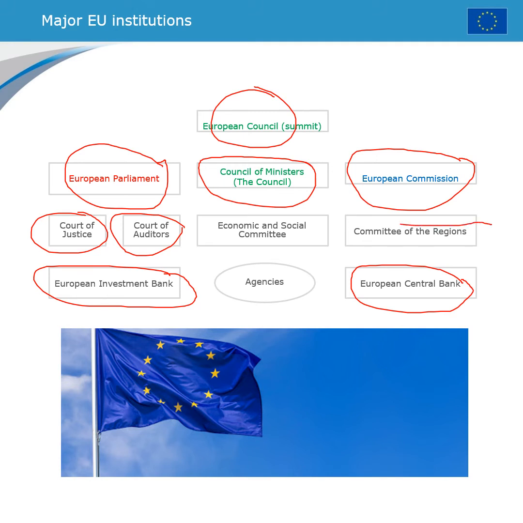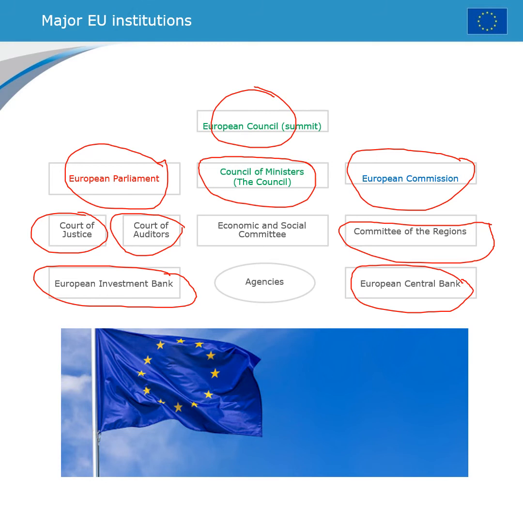The Committee of the Regions is pretty important. Europe is not only 27 states, Europe has more regions. For instance, if you look at the region of Basque, it's in northern Spain and southwestern France.